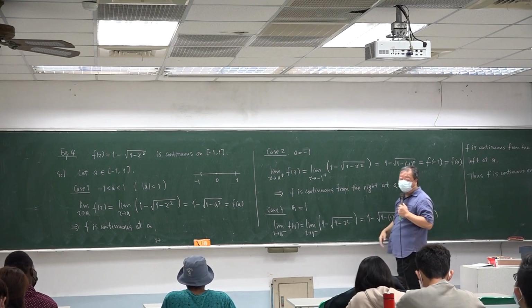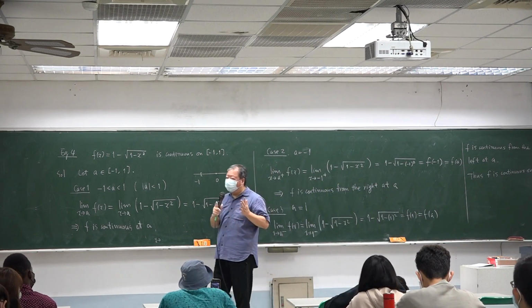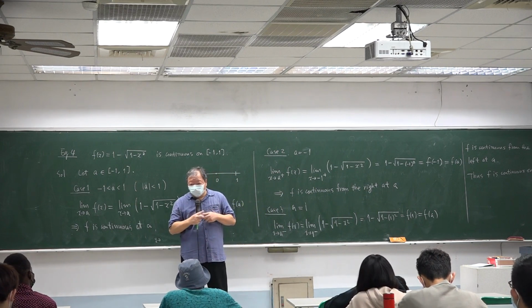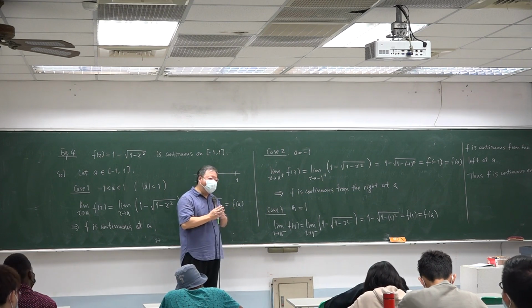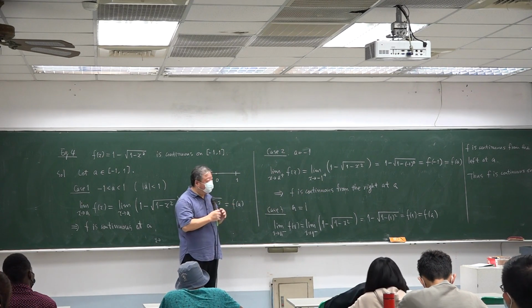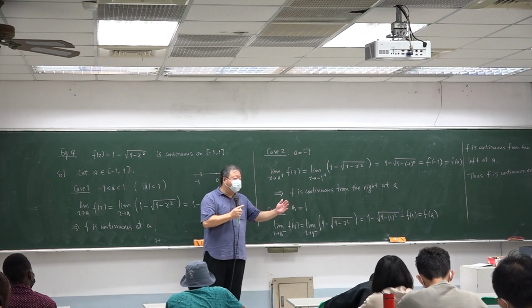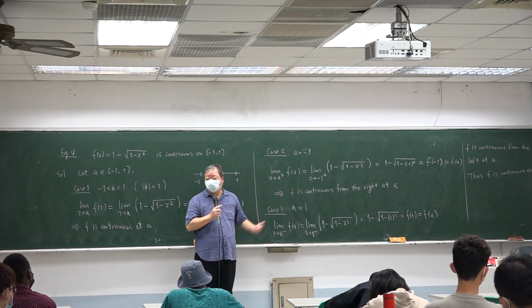Just by definition, you can check. If interior to this interval, we have to consider two-sided continuity. If at endpoints, you have to see whether it is a right endpoint or left endpoint. If a left endpoint, we consider right continuity. If a right endpoint, we consider left continuity.